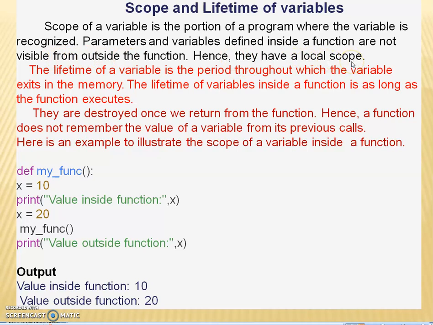Means if you think about the usability of a variable within the function, that variable has a local scope. Next, the second thing is the lifetime of a variable, the period throughout which the variable exists in memory.